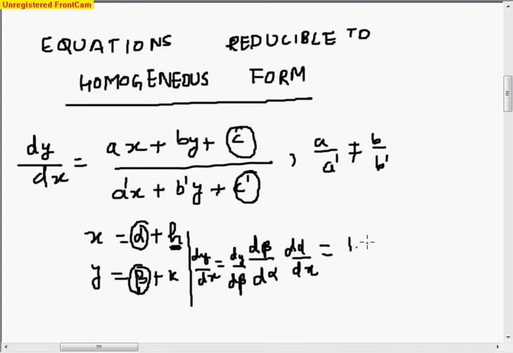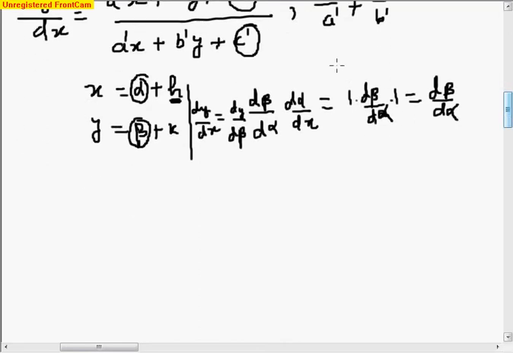So this is 1 into d beta by d alpha into 1. So after this substitution I'll get dy by dx is equal to d beta by d alpha. So I can write this equation as equation 1.